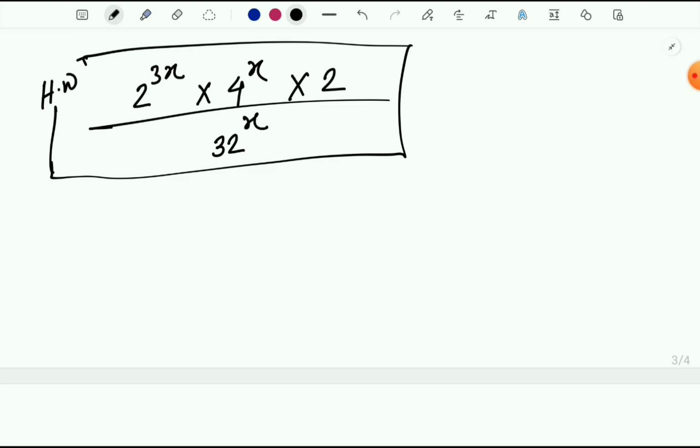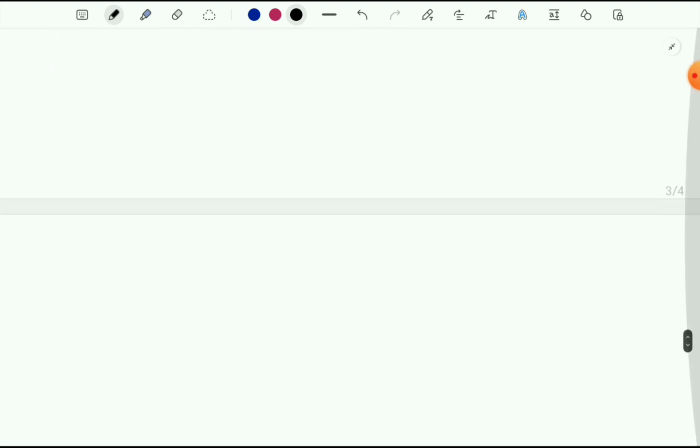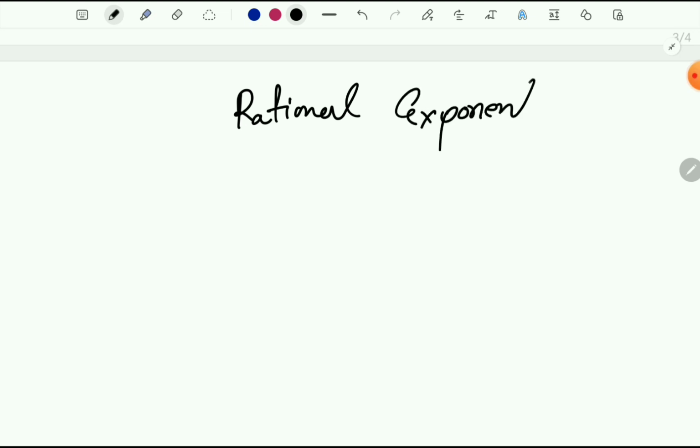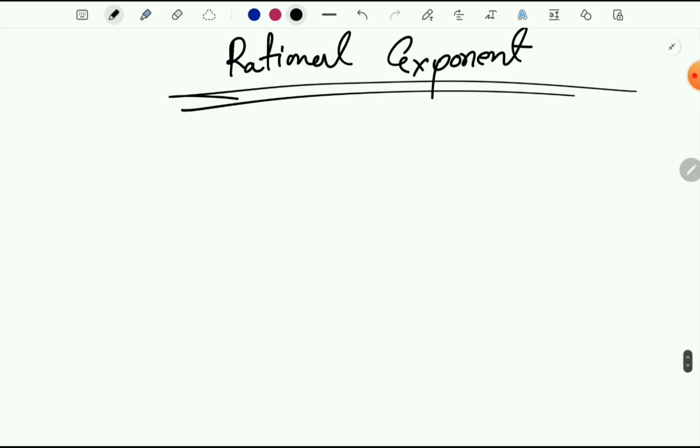Now let's move on to our next topic, which is irrational exponents. So what are irrational exponents?